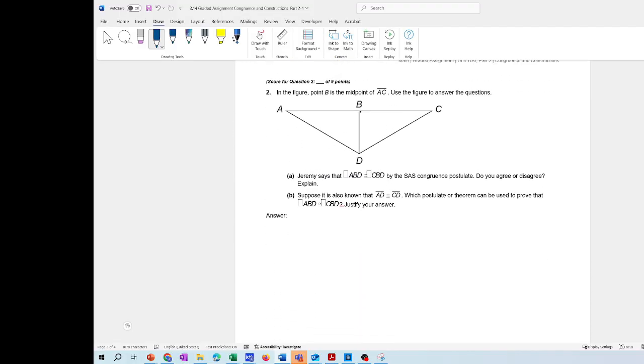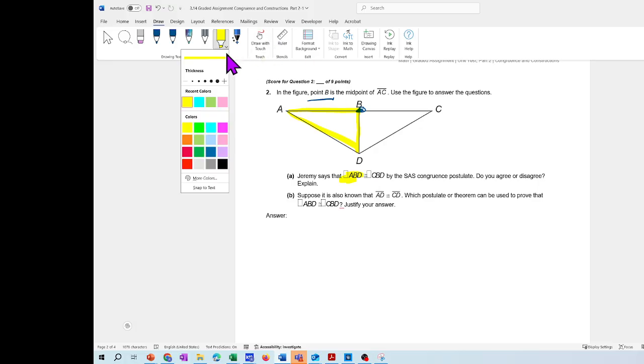It says in the figure, point B, so here you have it, point B, is the middle point of segment AC. Okay? So you see point B is in the middle of AC. Use the figure to answer the question. So Jeremy says that triangle ABD, so let's color it, ABD, this triangle, okay, is congruent to CBD.